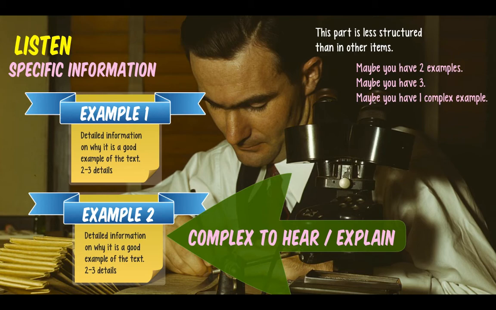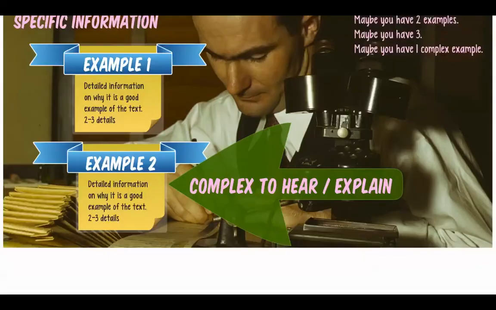And the most common structure is that the second example is significantly more complicated to understand and to explain. So that's why in the text you want to focus on that final piece of information, so that in the lecture you're ready for the second example, which is usually a more complicated example, and you want to be ready to comprehend it and be able to explain it.